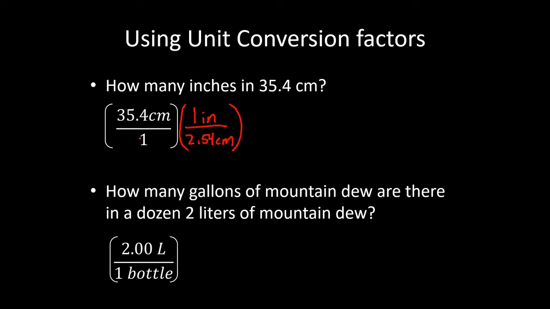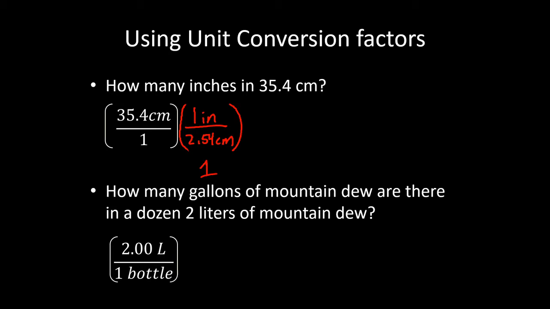And so if I multiply 35.4 centimeters by this fraction, by this ratio here, because this is equal to 1, I'm not actually changing the physical value of 35.4 centimeters. That actual distance is not being changed.